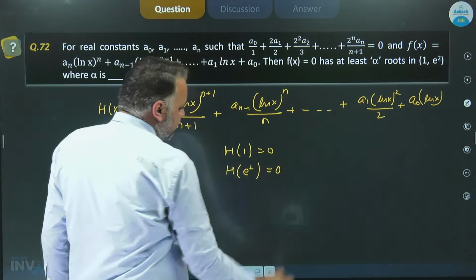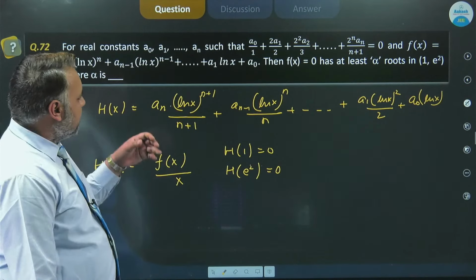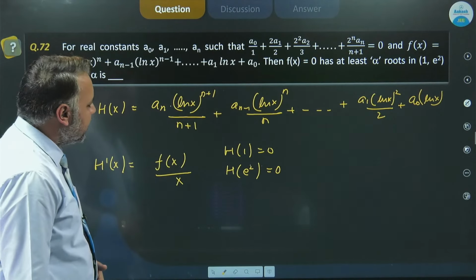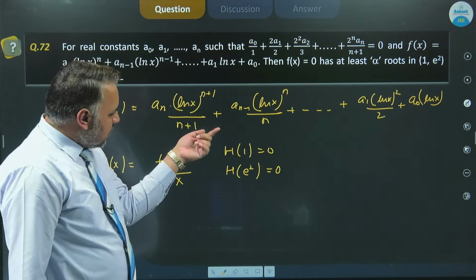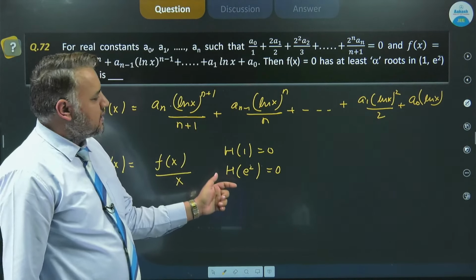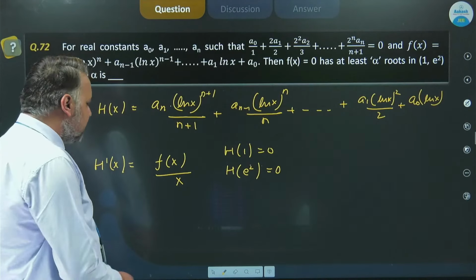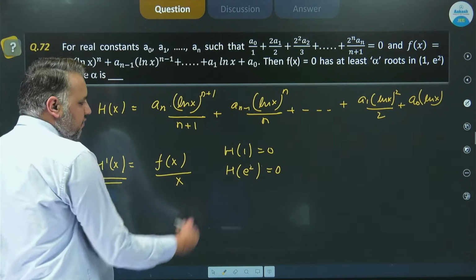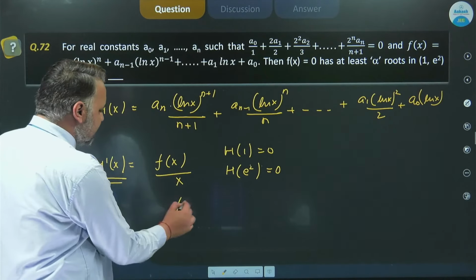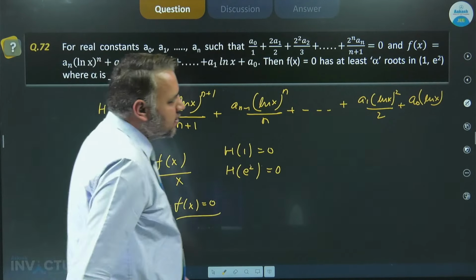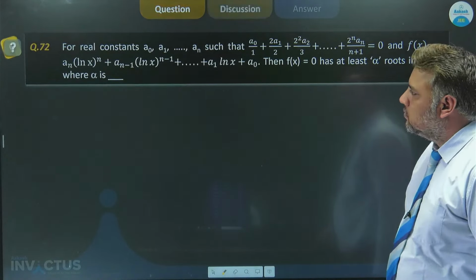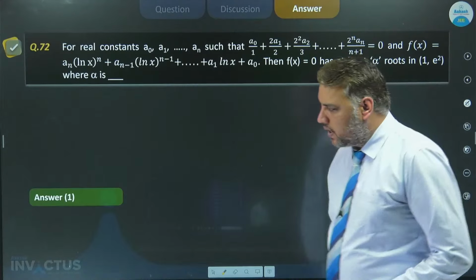So this is a function which is obviously continuous and differentiable between 1 and e square, because it's in the form of ln x only, and it takes the value 0 at x is equal to 1 and x is equal to e square. Now you can comment using Rolle's theorem that the derivative of this function will be 0 at least at one point in this interval. So derivative is 0, that means fx is 0 at least at one point in this given interval. So alpha must be 1. So 1 is the correct answer.